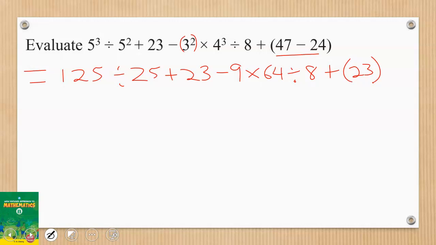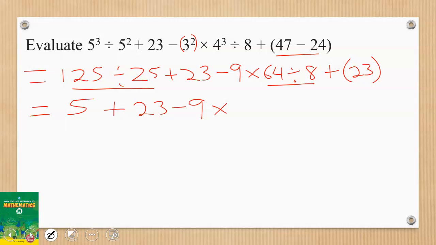So we go to division. So the first division we have is this one. 125 divided by 25 will just give us 5, and then plus 23 minus 9. Don't do the minus yet. Now we have times 64 divided by 8. That also can be done.